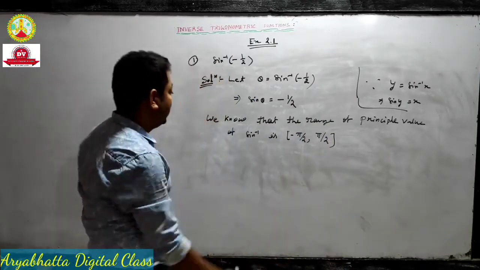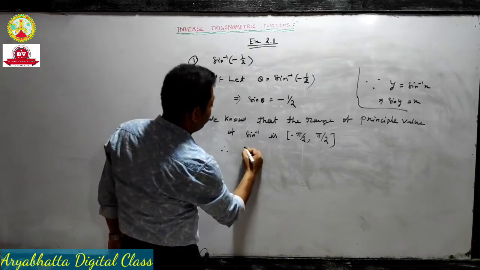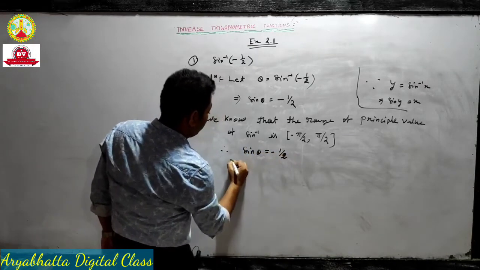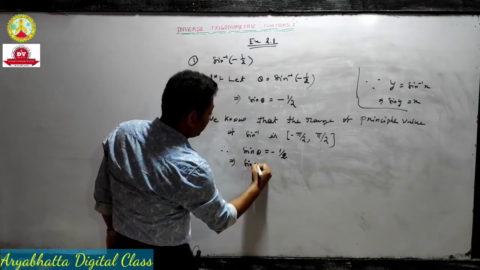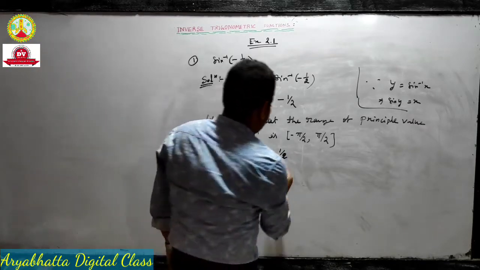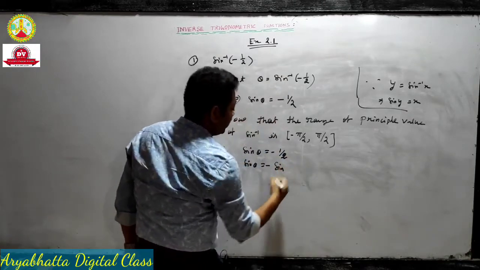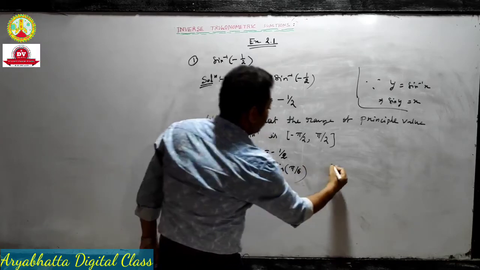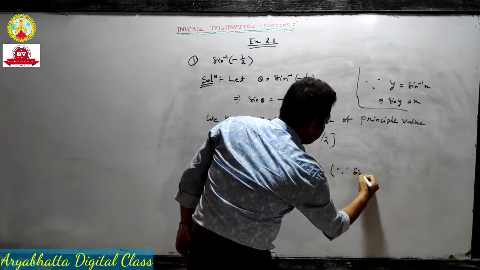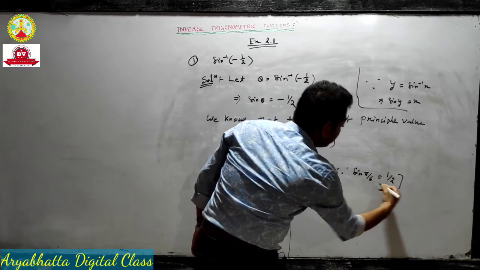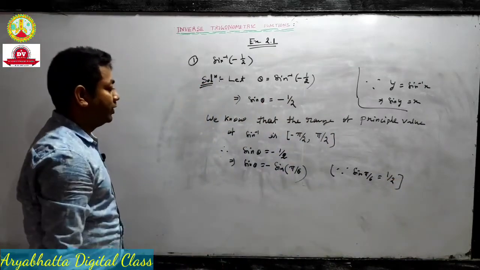Therefore, we have sin theta equal to minus 1 by 2, which implies sin theta equal to minus sin pi by 6, since sin pi by 6 equal to 1 by 2 from the ratio tables.